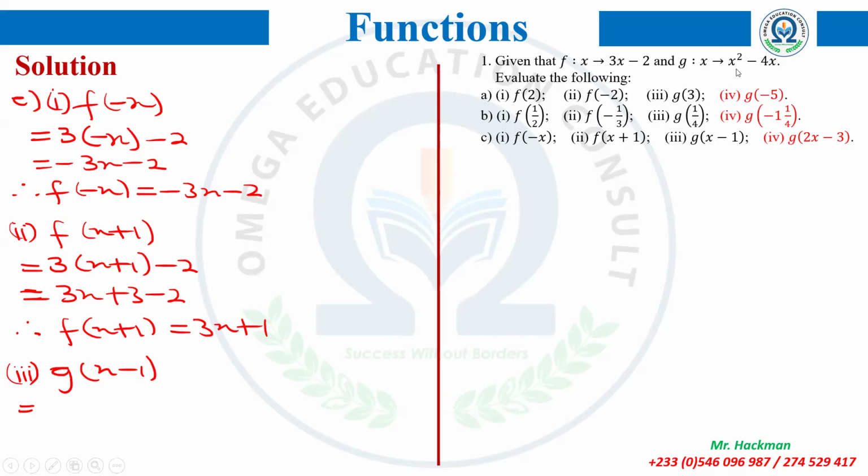So G of X we know is X squared minus 4X. The first term contains X, so I substitute my X, which is now X minus 1. That's not all. It has to be squared. Then minus 4 times my X. My new X is what? X minus 1. Should I come again or you are fine? I'm fine, please come again.